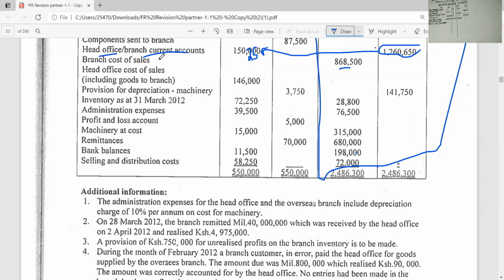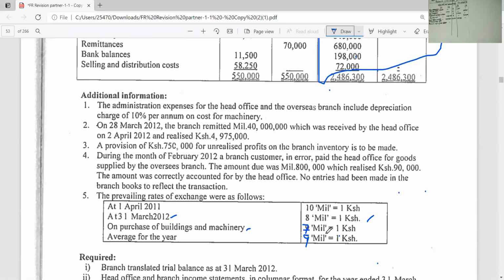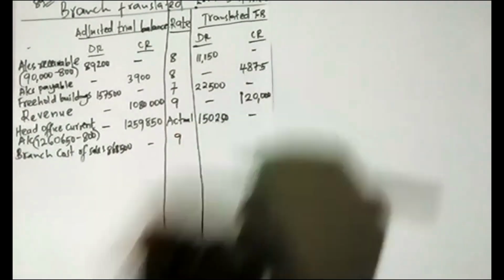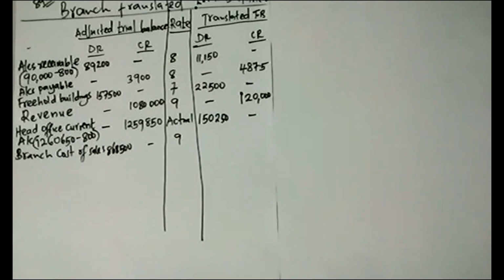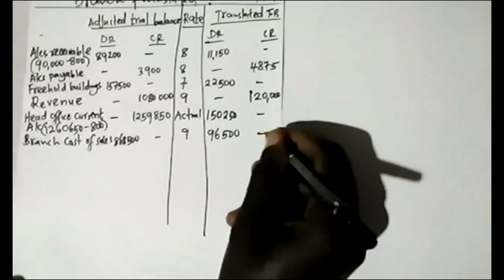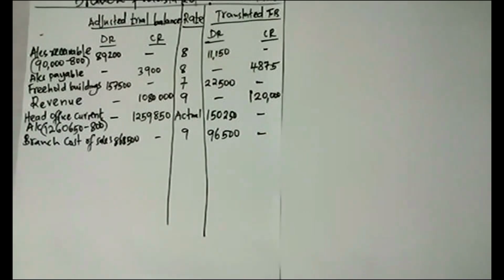Remember that the cost of sales item is an income statement item, which means that I use the average, and you know that the average rate is 9. If I take my calculator, I'm getting 96,500.